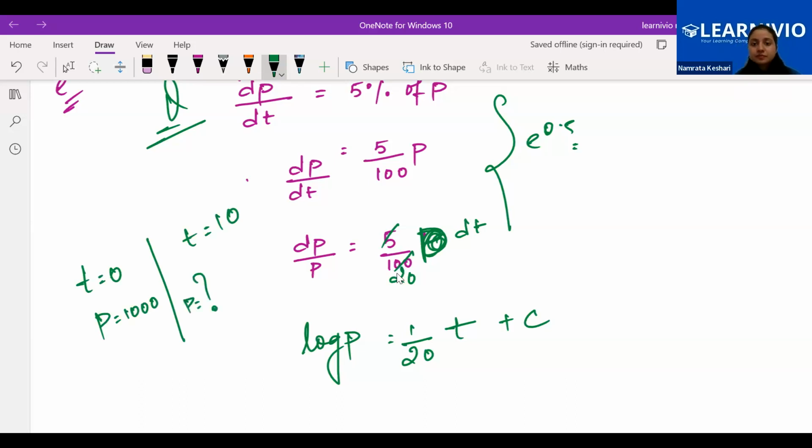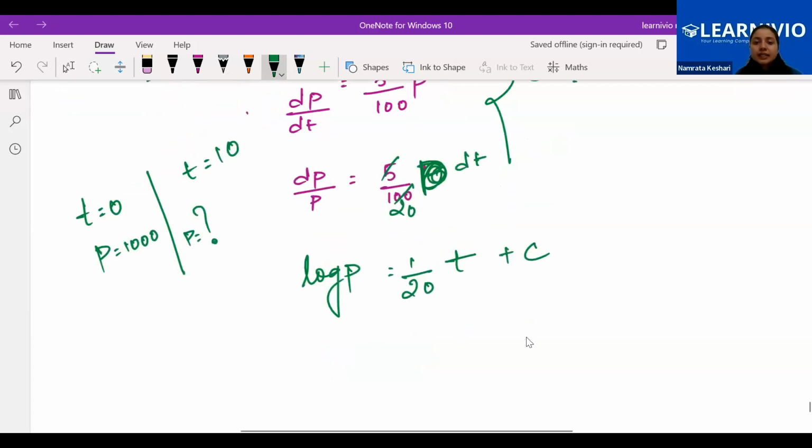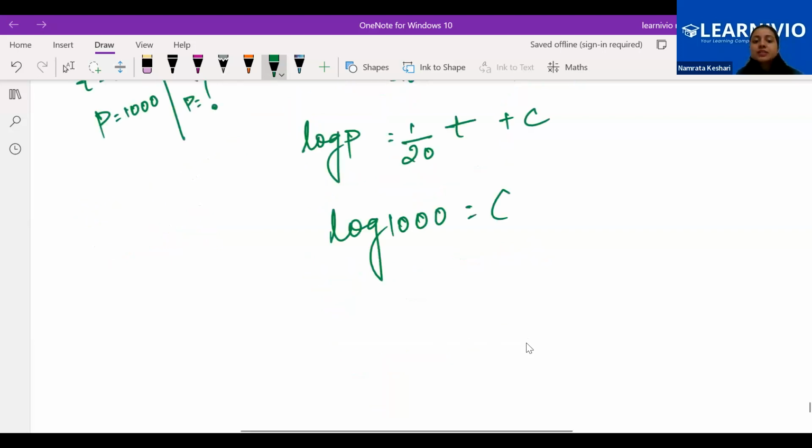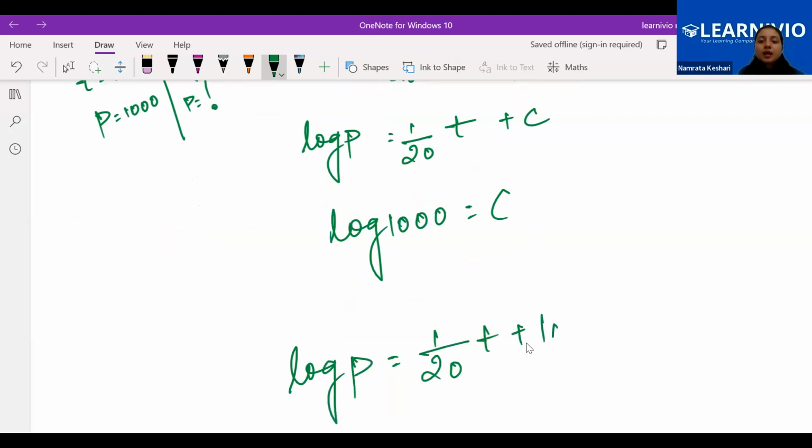If we take t as 0, P as 1000, we will get C as log 1000, right, Murtaza? Yes, ma'am. And that we will substitute over here. Log P is equals to 1 by 20 t plus log 1000.